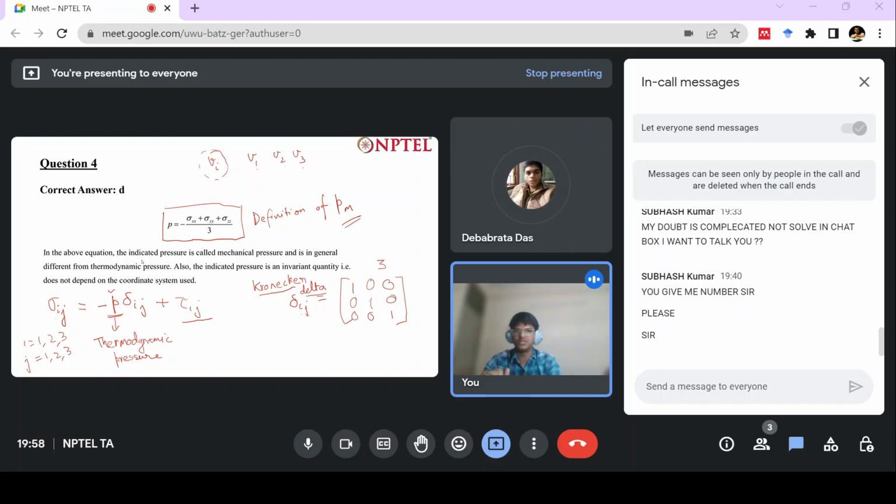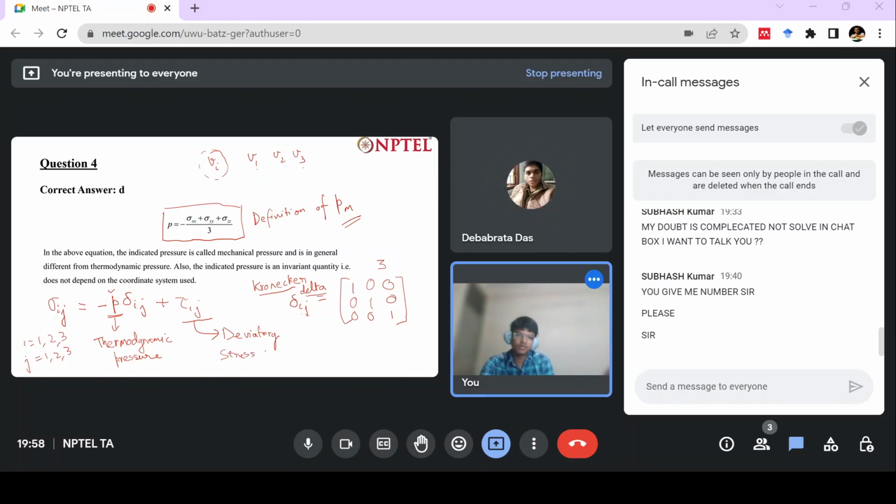We use the same variable in the momentum equation, so that we can solve it along with our thermodynamic equations. The variable is already defined. The rest of the stress is taken in this tau ij, which is also called the deviatoric stress tensor.